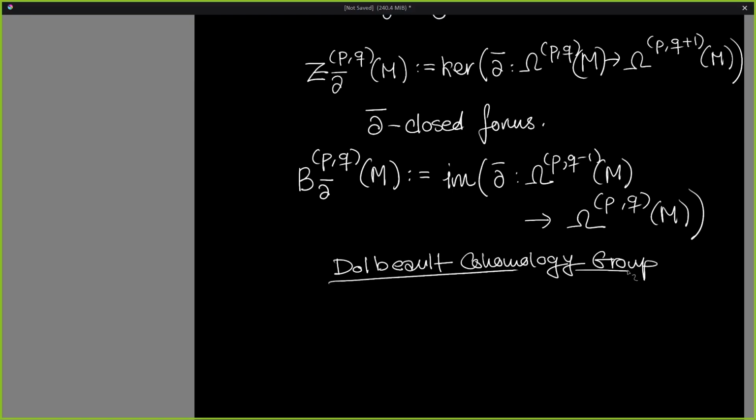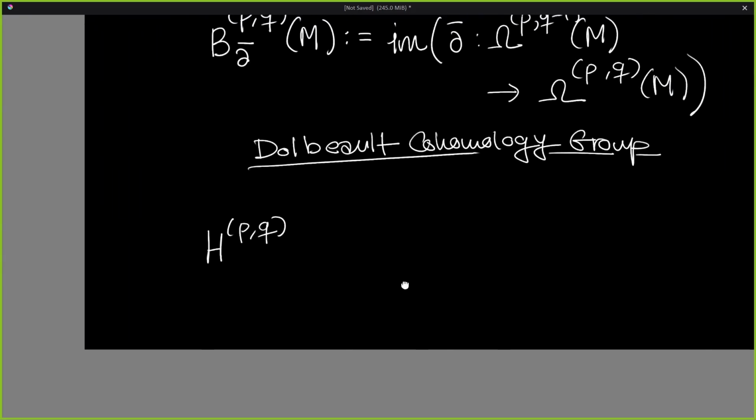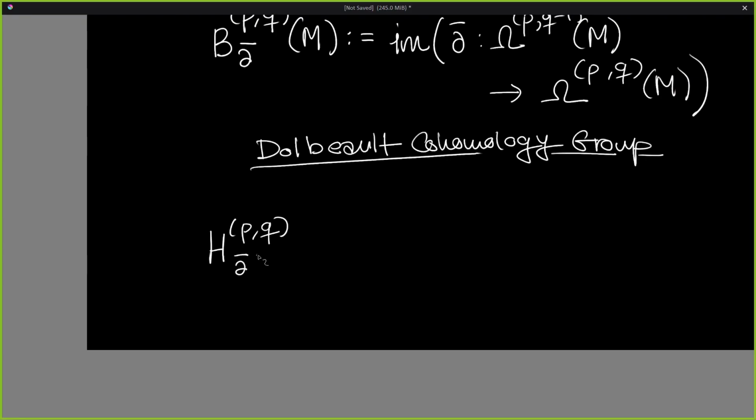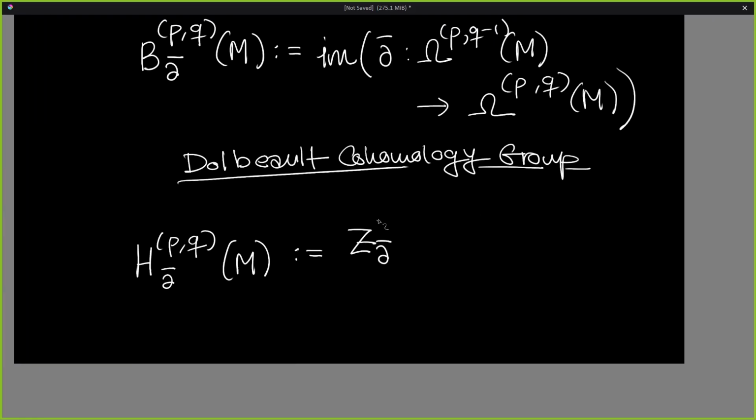We say that H^{p,q} is equal to the quotient group. So now there are two numbers to keep track of. That's the complicated part. Same idea. I'm going to stop saying same idea. I think you get the picture.